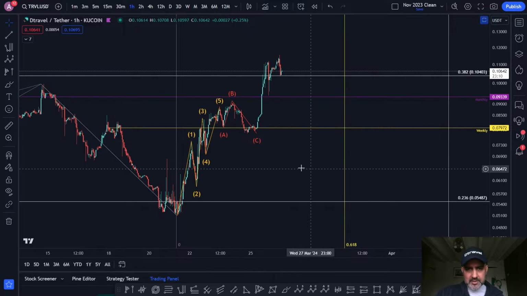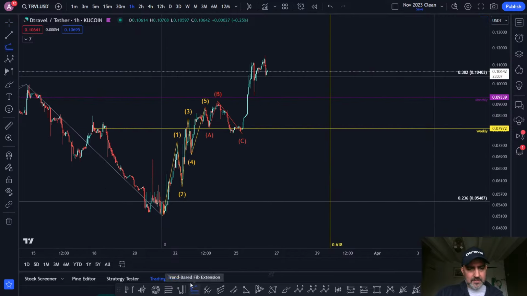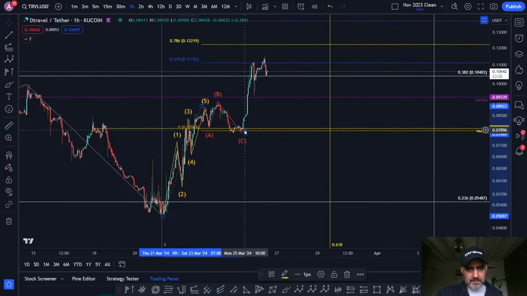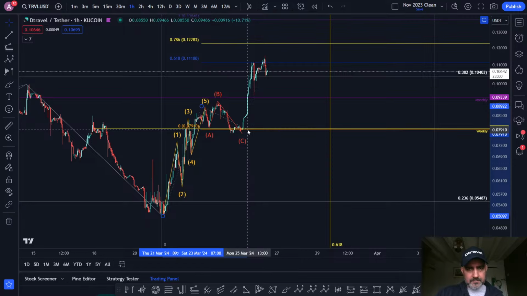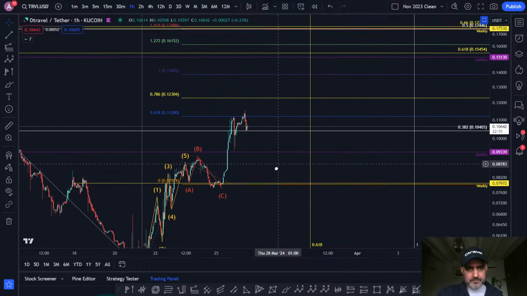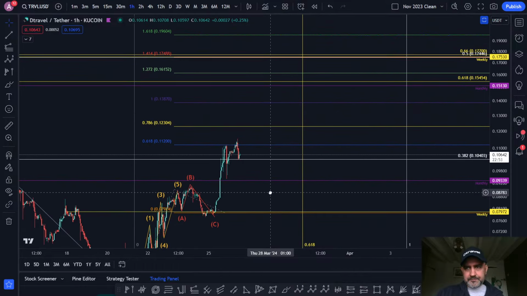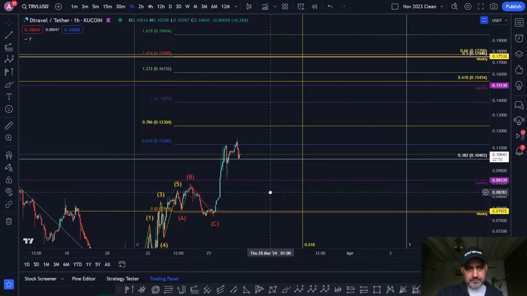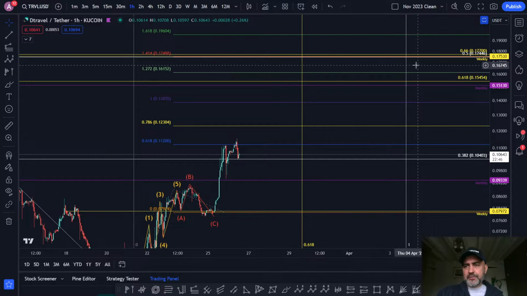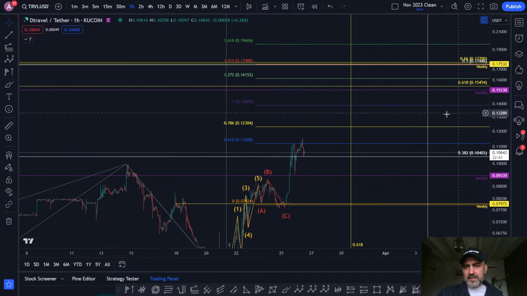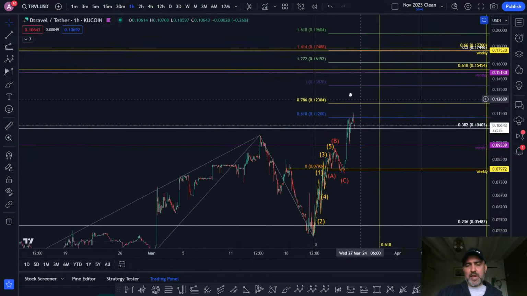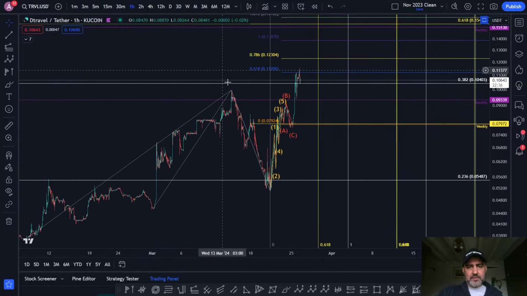So if I was to now just do a trend-based fib to there. Yeah, I think there's going to be a lot of resistance at 7.5. I think that's our target for this final wave.